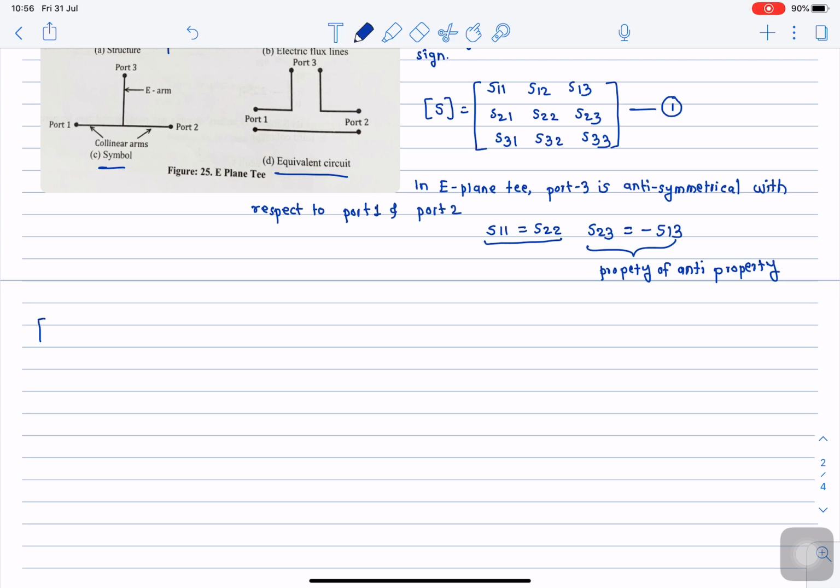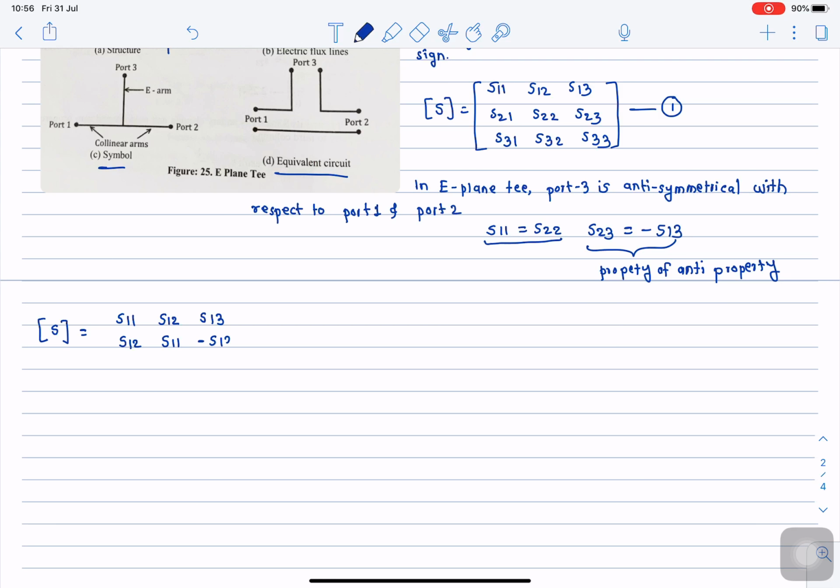We can write S11 as it is, S12 as it is, S13 as it is. In the second row, S21 I can write as S12, S22 I will replace with S11, and S23 I will replace with minus S13 because of the electrical antisymmetrical property.